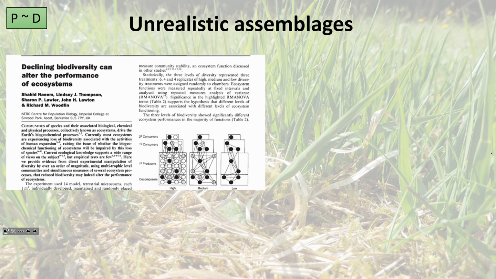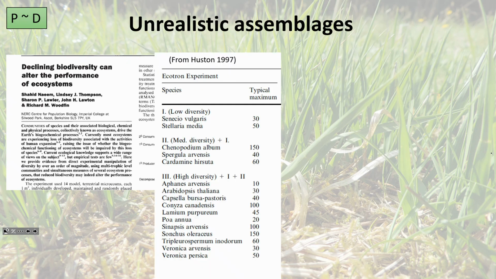A nice example is this study from 94, I think, of Naeem et al., where they created low diversity communities with Senecio vulgaris and Stellaria media. Fine. Then they created medium diversity communities by adding Chenopodium album, which is, you know how Chenopodium album looks.